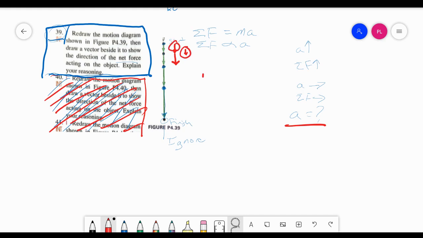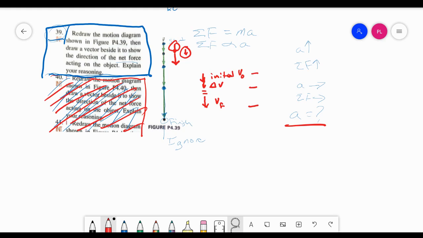So it's like saying, this is my initial velocity. This is my change in velocity, and that equals this, the final velocity. So the initial plus the change gives me the final, and the change in velocity is proportional to acceleration.